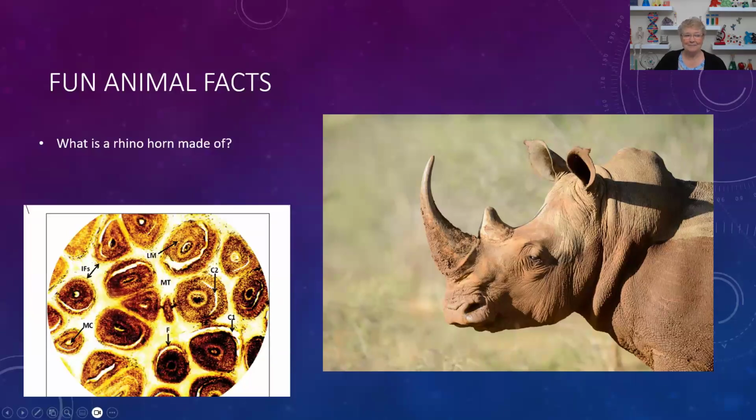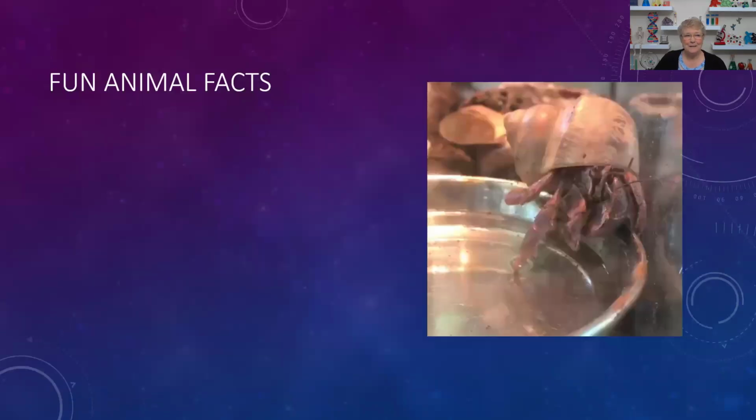Cool. Yep. Scales hurt. Well, depends. All right, here's another fun one. Hermit crabs. The way hermit crabs drink water. Anybody ever had a hermit crab? No, it's a pretty common pet. They don't stick their mouth in the water.